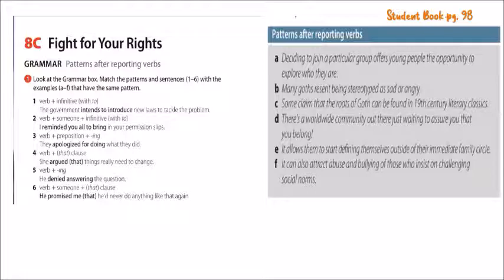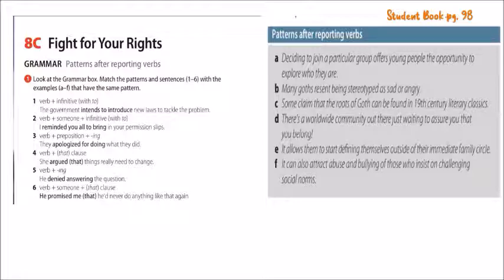C, some claim that the roots of Goth can be found in 19th century literary classics. D, there's a worldwide community out there just waiting to assure you that you belong. E, it allows them to start defining themselves outside of their immediate family circle. And F, it can also attract abuse and bullying of those who insist on challenging social norms.